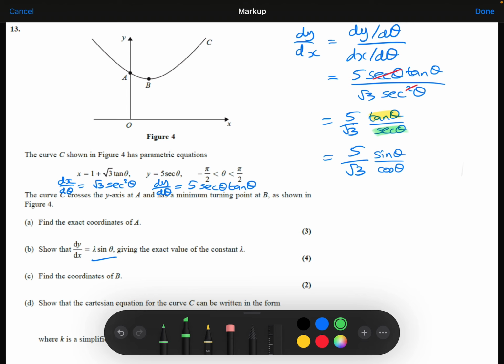Let me write it as times 1 over sec theta. And the 1 over sec theta, that's just cos theta, which is then going to cancel the cos theta there. So I get 5 over root 3 sine theta. And that's what I needed to show. So lambda is 5 over root 3.